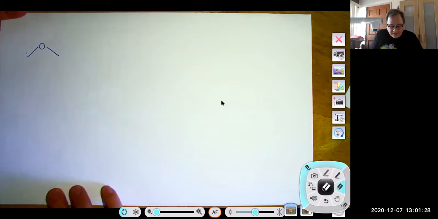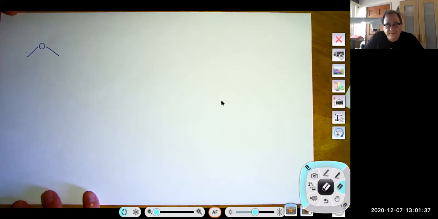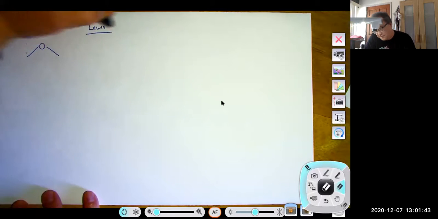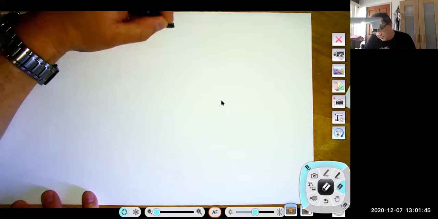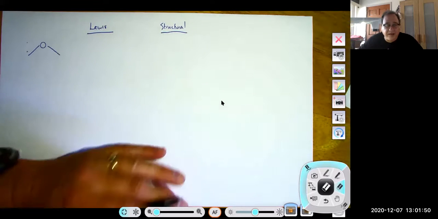I give you a line drawing and I say, okay, give me the Lewis, the structural, the condensed, and the molecular. Give me the thumbs up when you have it done.